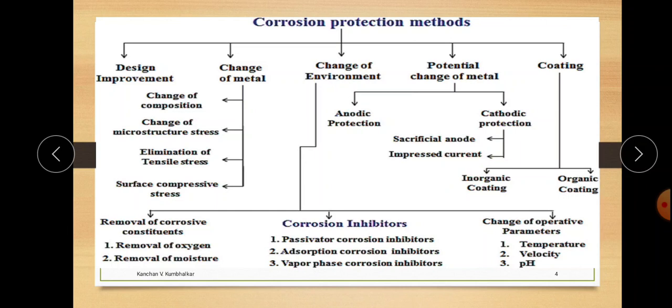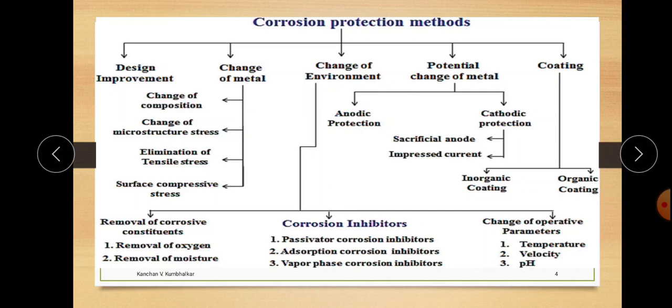Next one and the last one, but not the least, is the coating. There are basically 3 different types of coating: organic, inorganic and metallic coating. We know that electroplating, hot dipping process, etc., are included in metallic coating.